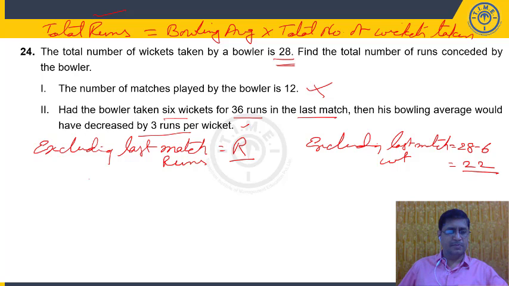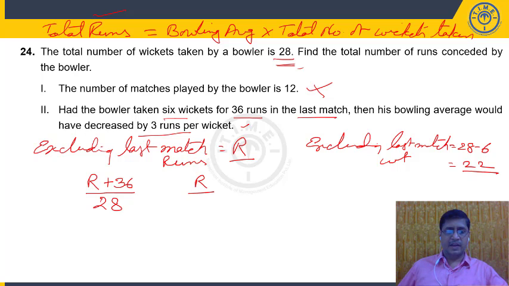So the number of runs before the last match is R. In the last match, he conceded 36 runs. So what is the bowling average? Number of wickets here is given as 28. And what is the number of wickets before that?